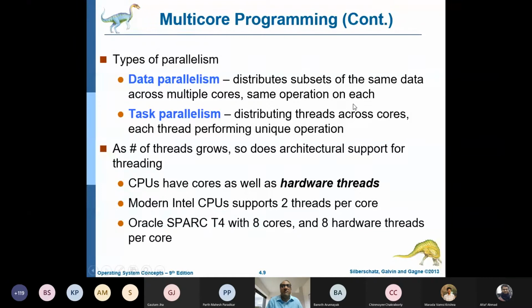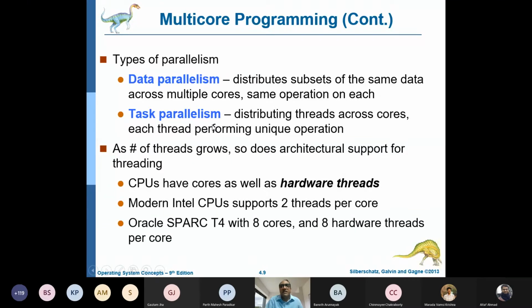For example, you want to sum an array of numbers, and the array is so big that you split it into subsets and perform the summation within each subset. After completing the summation within the subsets, you sum those partial sums. That is the concept of data parallelism.